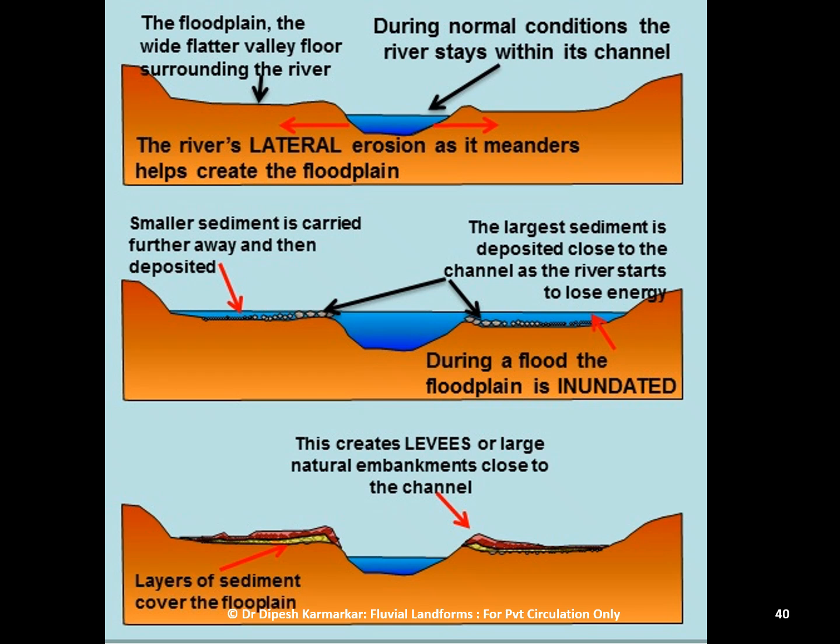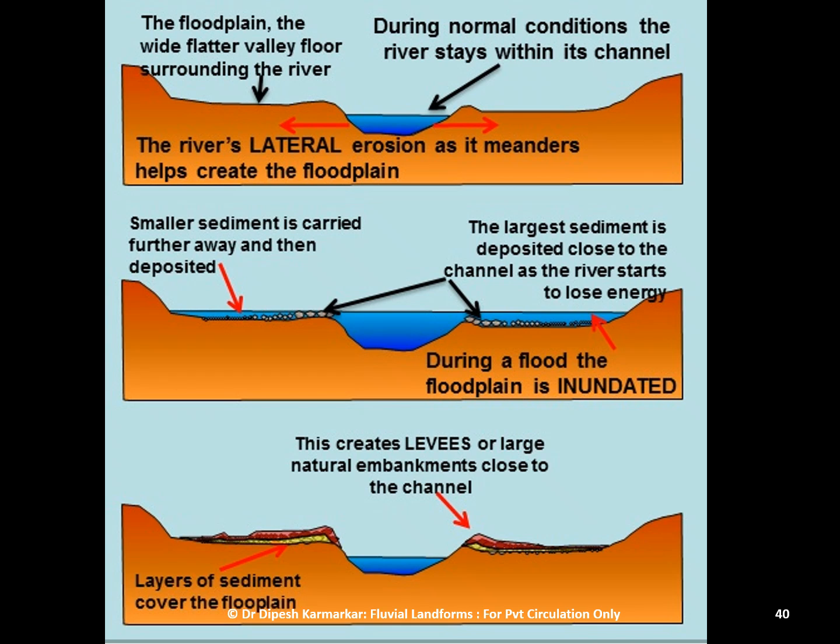However, when a flood occurs, as seen in the second stage, you can see that the larger sediments are deposited very close to the channel as the river loses its energy, while the smaller or finer sediments are carried away by the river across the banks and then deposited further away.